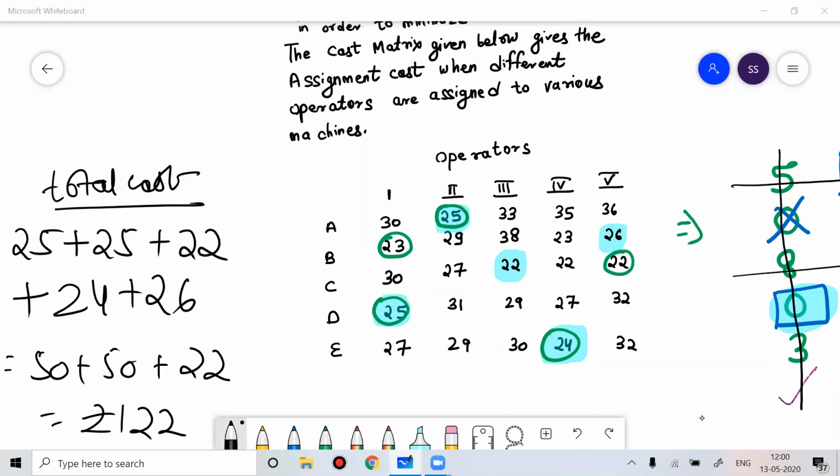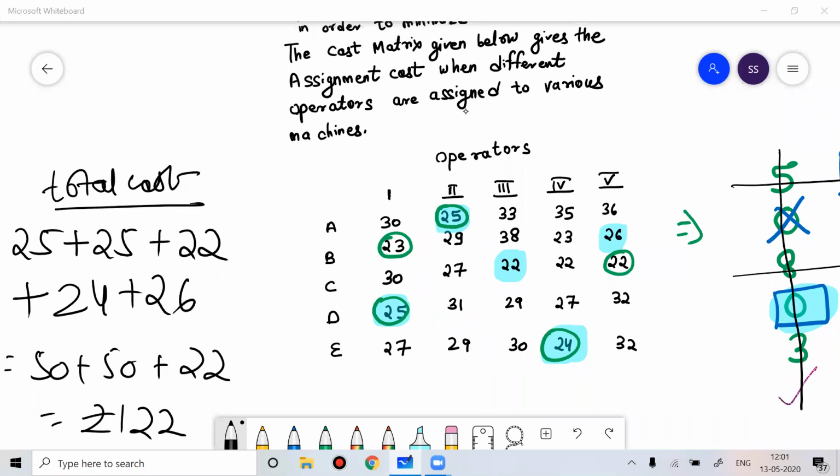What repeated one? I'm not understanding. Though 25 is the element, Kishore. 25 is the element to do job one on machine one. The 25 is the cost. They are the elements of cost.